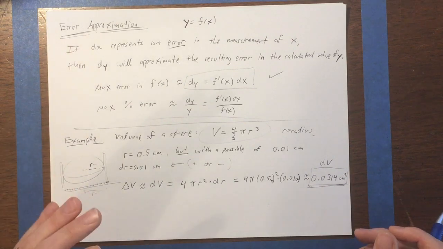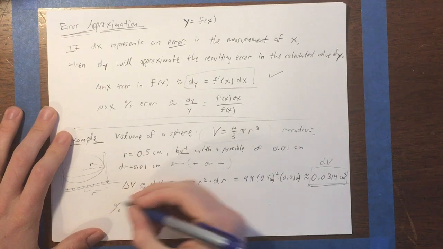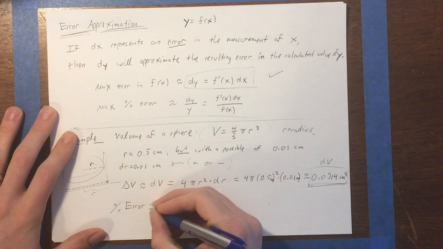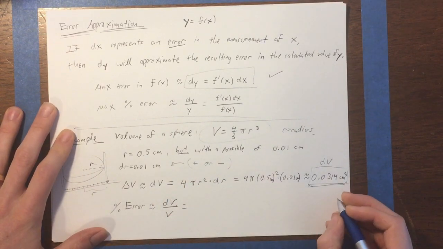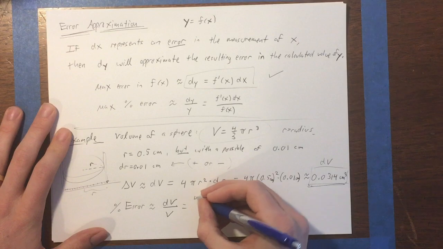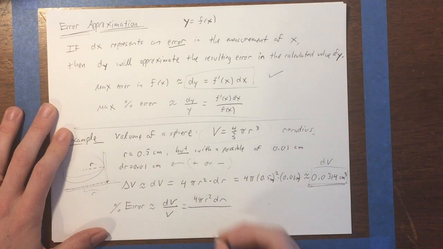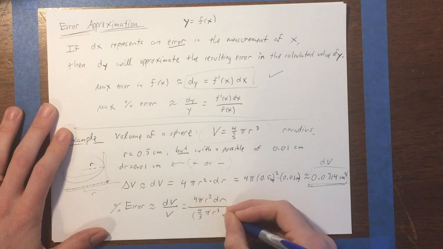So now we can also calculate the percent error, by the way. Percent error is going to be approximated by dV over V. So that would be our 4 pi r squared dr over the original volume formula, 4/3 pi r cubed.